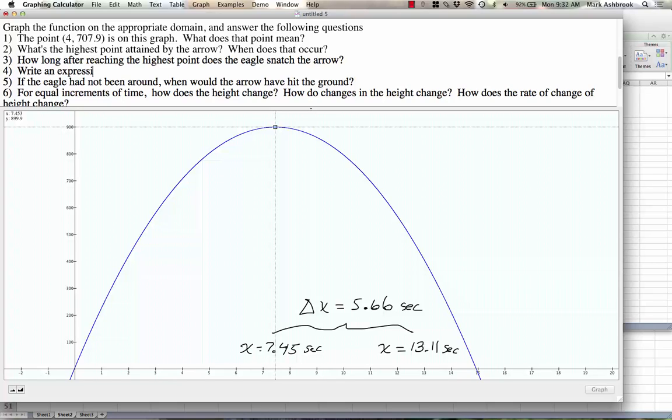Write an expression for the average rate of change of height starting at x equals 0.5 seconds for the time period lasting 3.1 seconds.